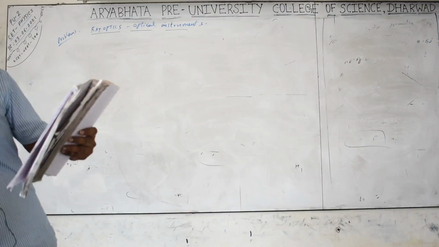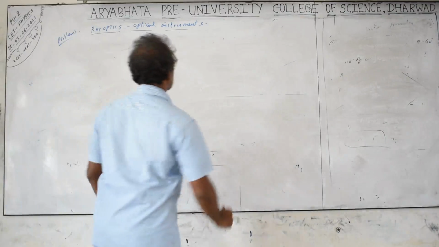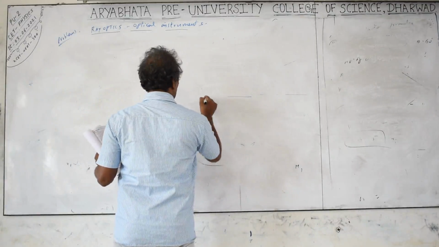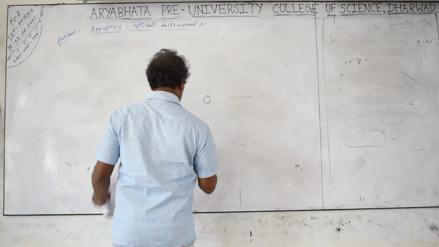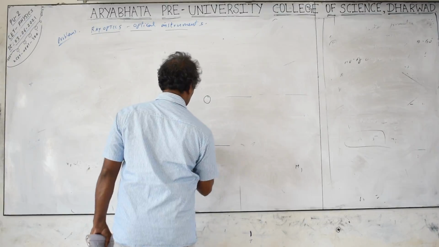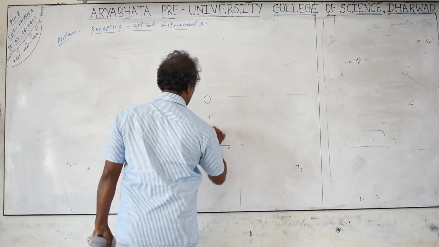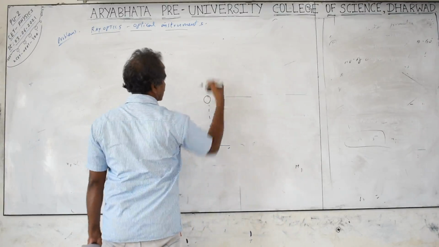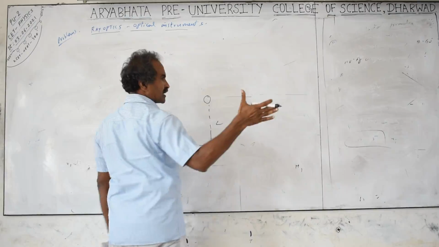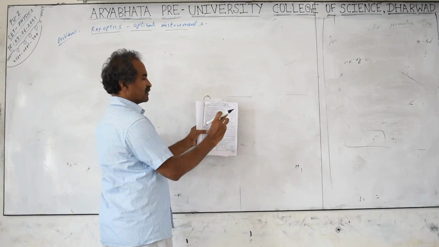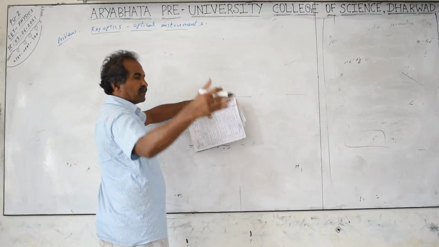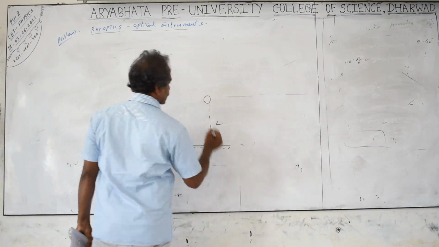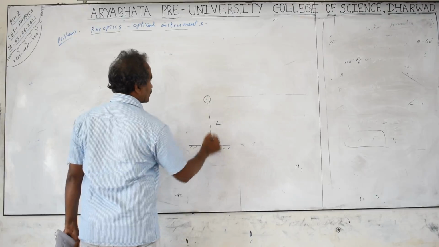One more important question generally asked: there is a lamp in the middle of the room, and there is a mirror on the wall at a distance equal to L. Middle means it need not be in the room, outside also we can take it. The mirror is there like this, there is a bulb here, and a person is walking here. The person sees the reflected image of the light bulb. This is the source light bulb.